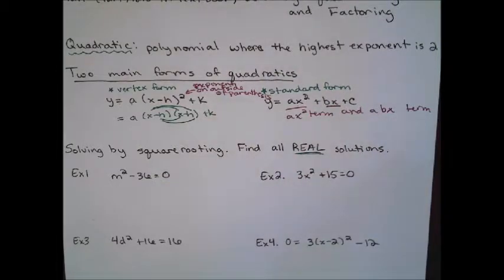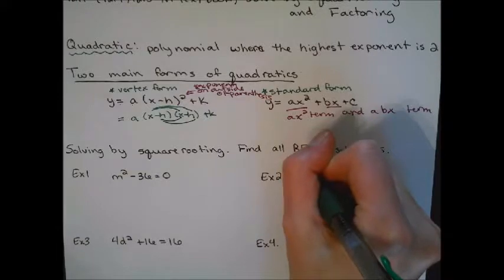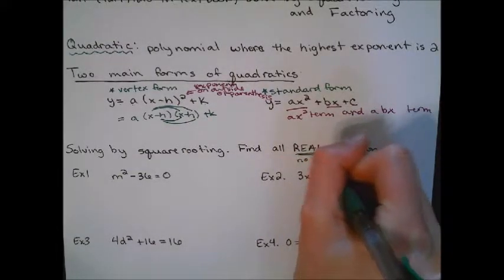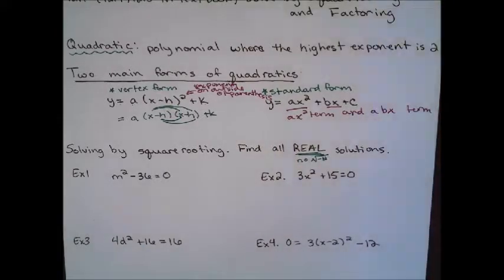In 12.4, we're going to be looking at complex numbers, something you might have heard of as imaginary numbers, and in that case, we're going to find all solutions. That has to do with taking the square root of a negative. Today, we're just going to deal with the real solutions, so no square root of a negative number. Okay, so that's what that means.